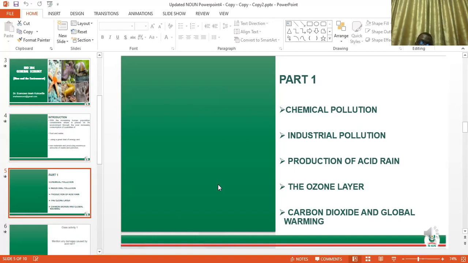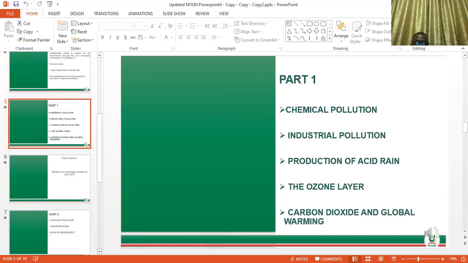Carbon dioxide and global warming. Carbon dioxide is released into the atmosphere, thereby building up heat, and that is what they call global warming.